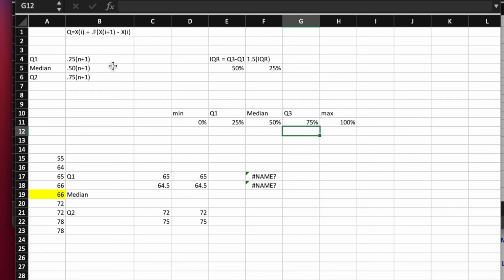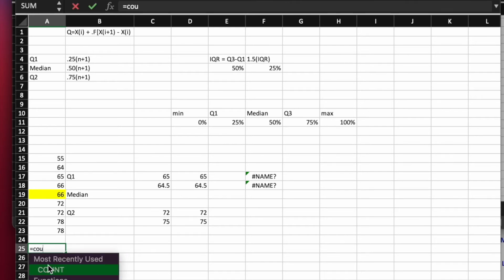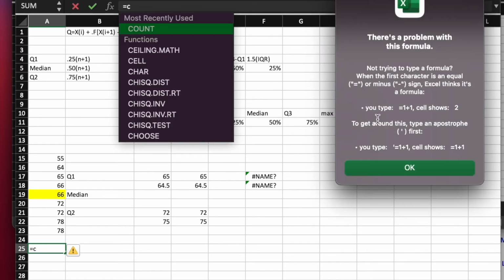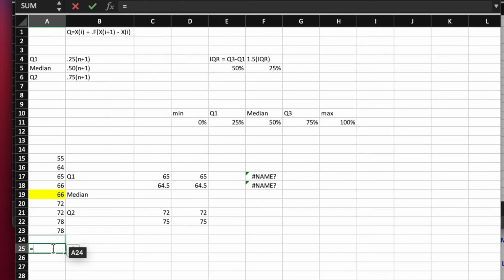So here, we're going to try this out with this data set. We're going to use his equation. So here, n, let's do a count function. Count. Boom. Count is 9. N is equal to 9.